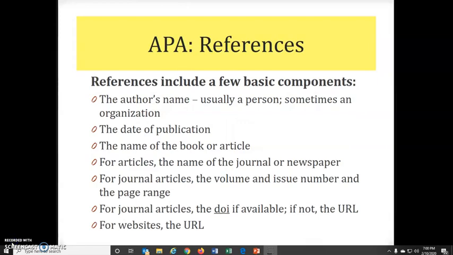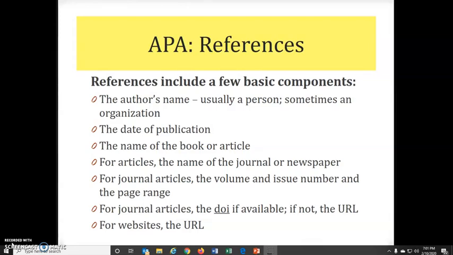Now, what components do you actually need to include in each of the references on a reference page? That's not an easy question to answer because it depends on what kind of source you're including. So a reference for a book is not going to look exactly the same as a reference for a journal article or a reference for a website article, for example. So to get all the particulars for that, I have a document I'm calling the APA Quick Guide that I will be posting on Blackboard as well.